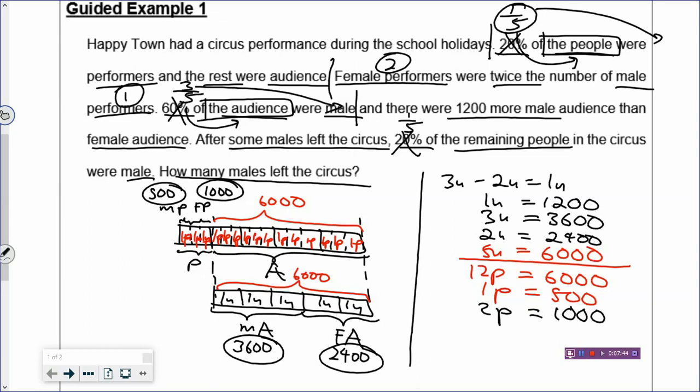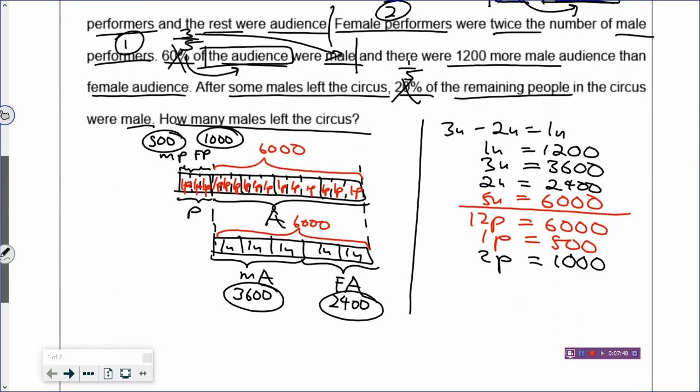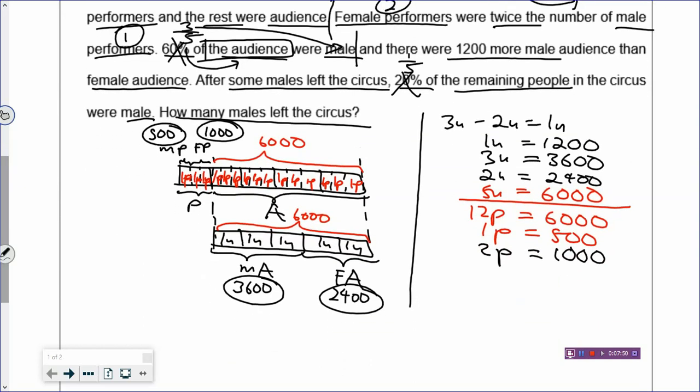Now, after some males left the circles, the females didn't leave the circles, so the females are unchanged. Then 1/5 of the remaining people. So this fraction refers to the remaining people. Right? So how to draw the model? The remaining people has 5 boxes, and 1 box will be males. Okay, so let's draw another model.